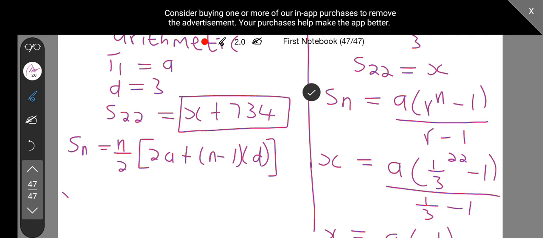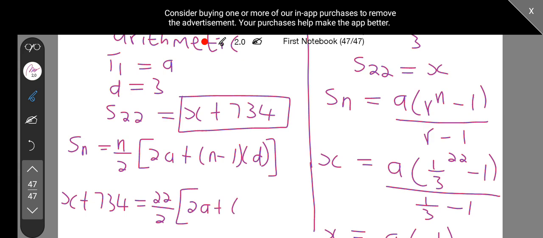So we're going to say that x plus 734 is equal to 22 over 2, because that is n, multiplied by 2a plus 22 minus 1 times the difference, which is 3.